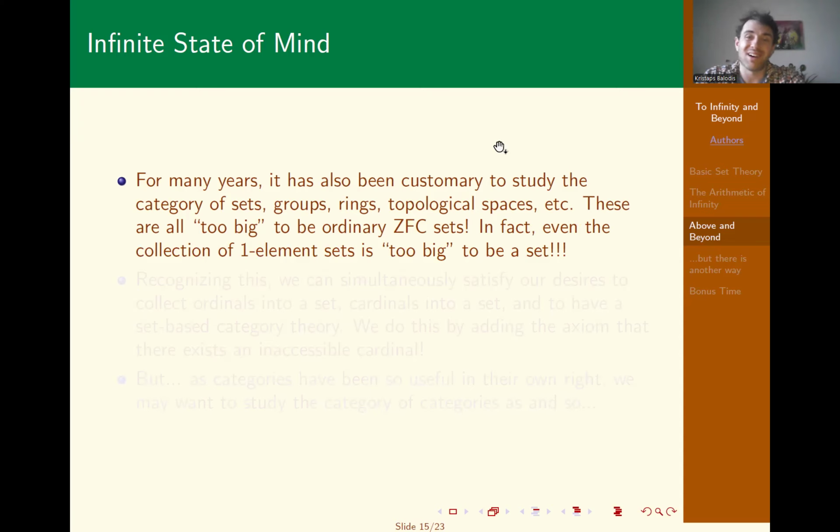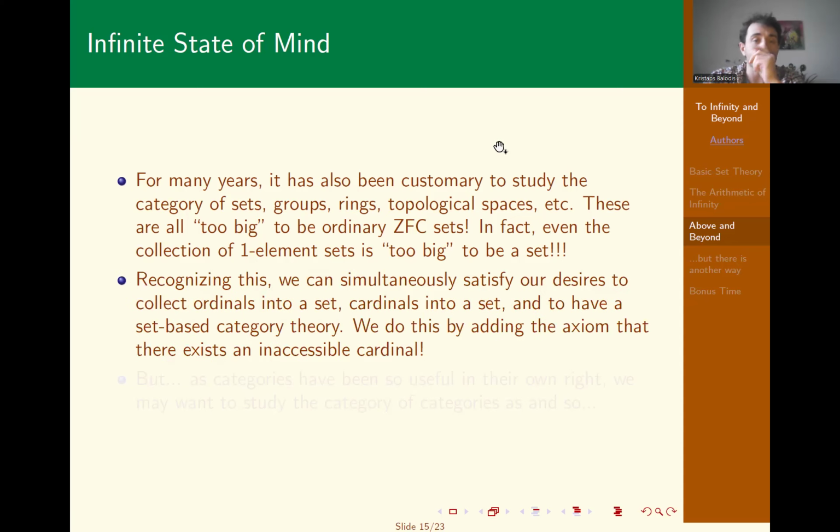And that really feels like a thing that you should be able to gather up as a single collection. So here's actually another reason to believe in the existence of an inaccessible cardinal. Because most people, the way we teach category theory, are happy to just say, okay, well then there's these things called proper classes, and I don't know what a proper class is.